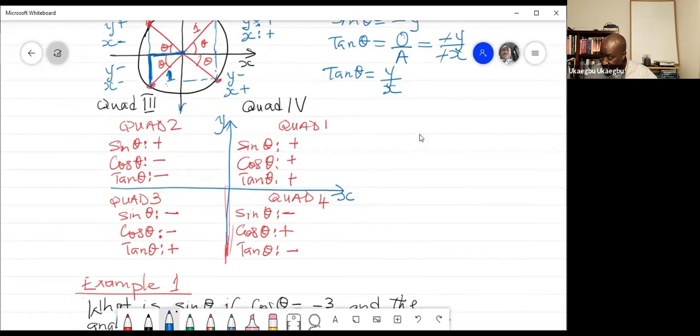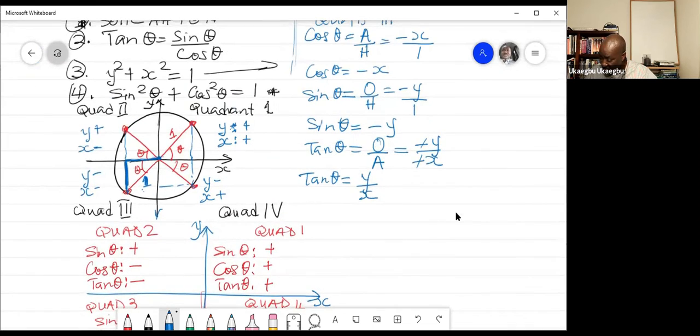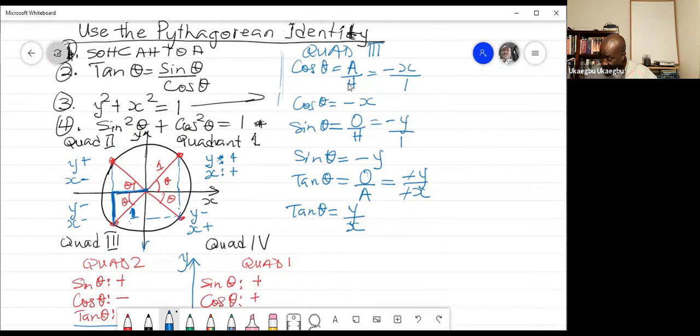It was your question, Abu. We determined that in third quadrant, cosine is negative, sine is negative, and tangent is positive. So without giving you this chart, you can actually determine it by yourself. Am I making sense? Yes.